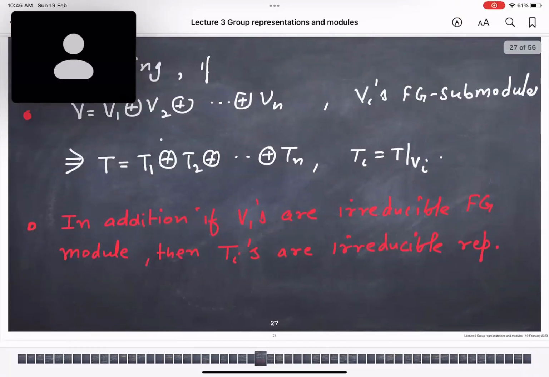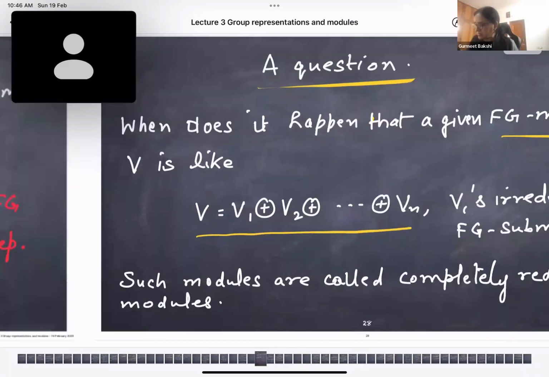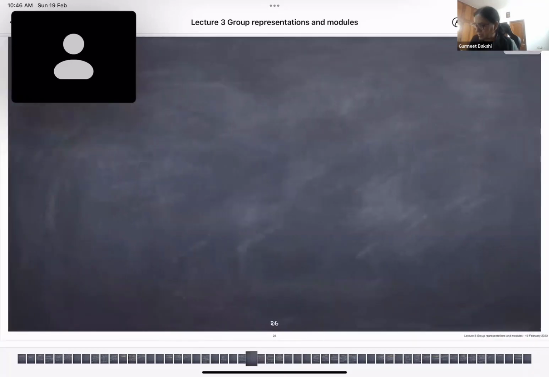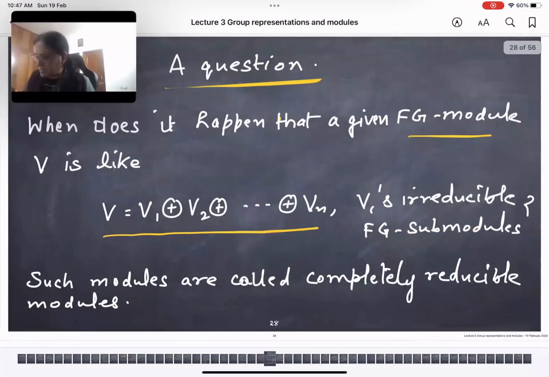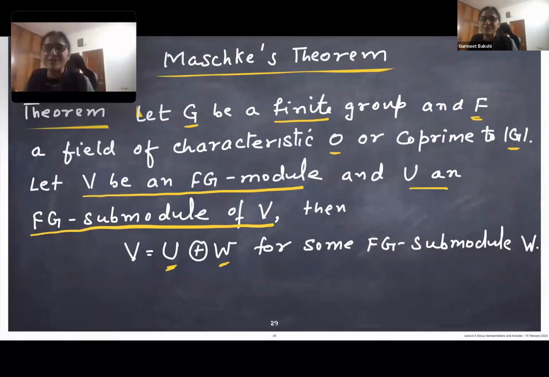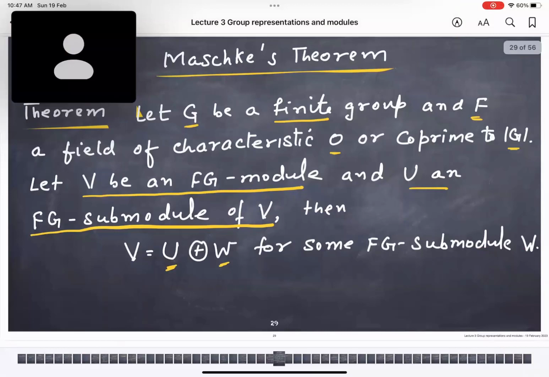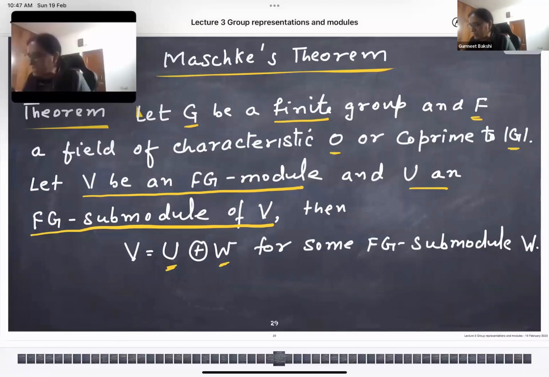In the condition you have taken, is U any FG submodule or irreducible? If V is irreducible, then there is no submodule other than 0 itself. No, not V, I mean U. U is any.